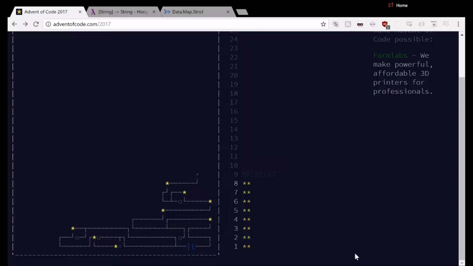I decided I was going to try to do this one as the puzzle is released, and so I'm going to take a slightly different approach to this recording. I'm going to try talking less, try to focus on getting a program out quickly. I don't think I'll be on the leaderboard.